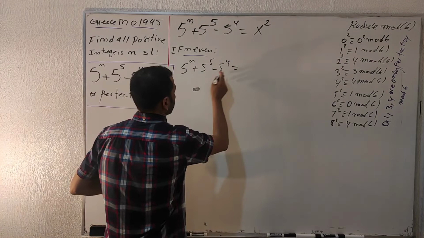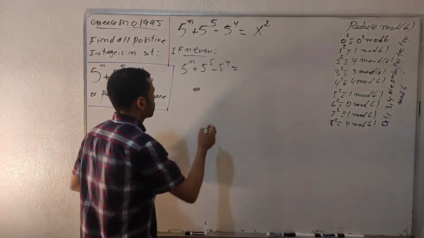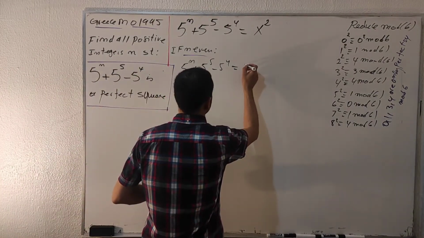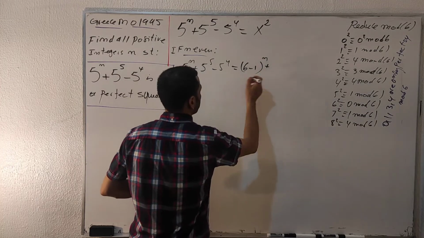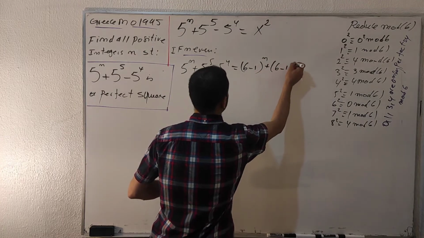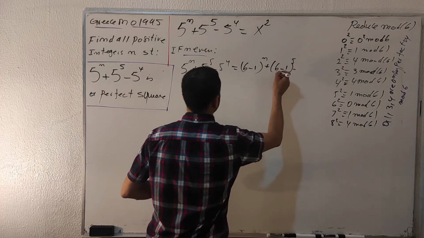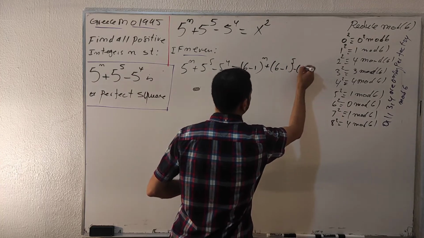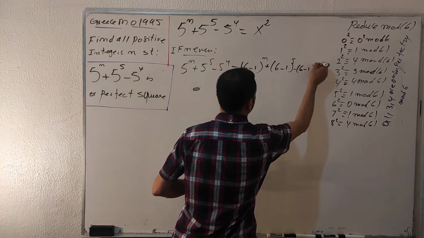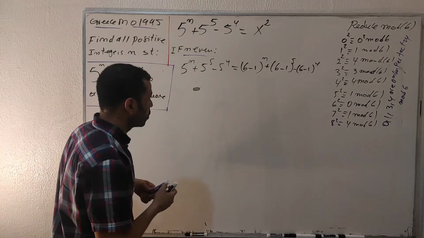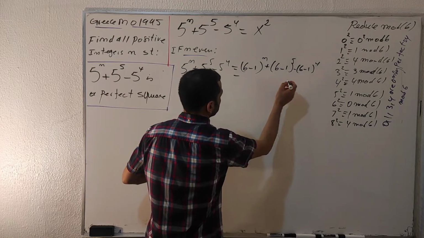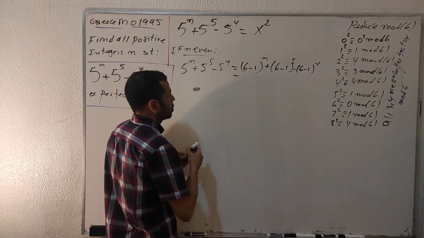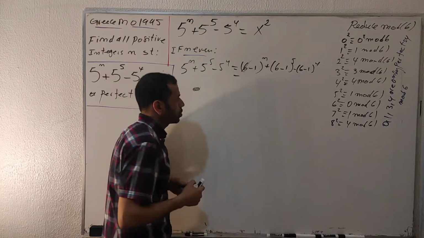I'm going to rewrite this expression: 5 to the n is the same as 6 minus 1 to the n, 5 to the 5 becomes 6 minus 1 to the 5, and the last one is 6 minus 1 to the 4. If I reduce this to mod 6, the 6 becomes 0, because 6 divides 6.